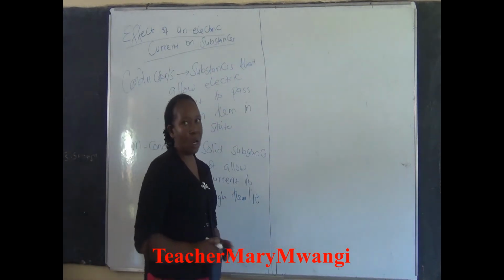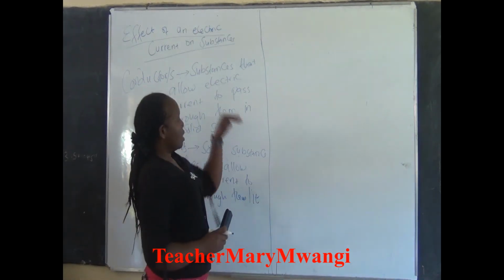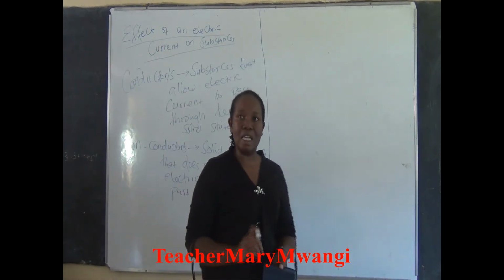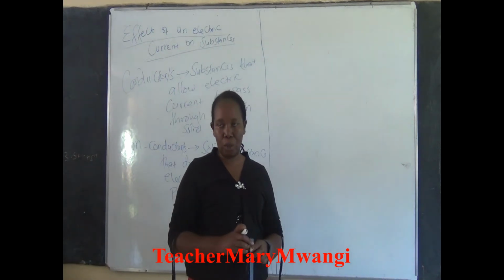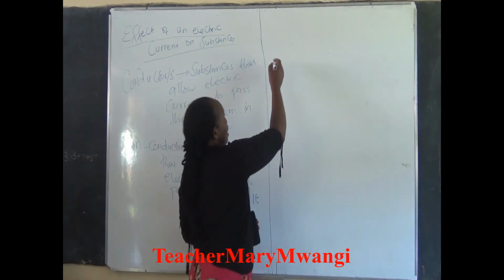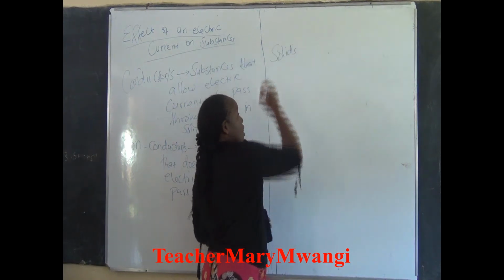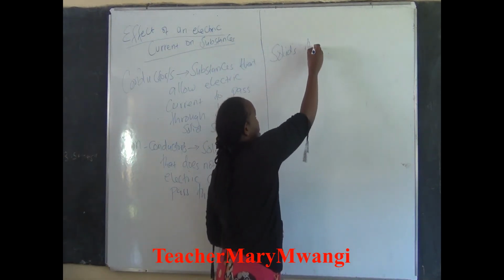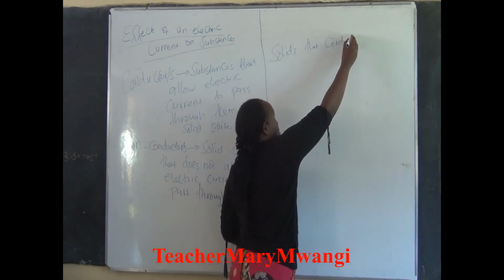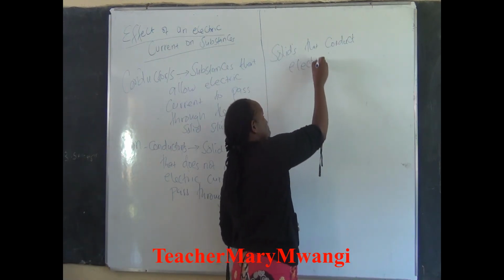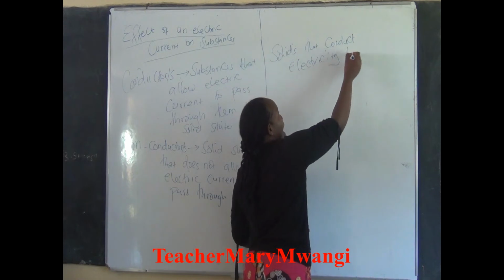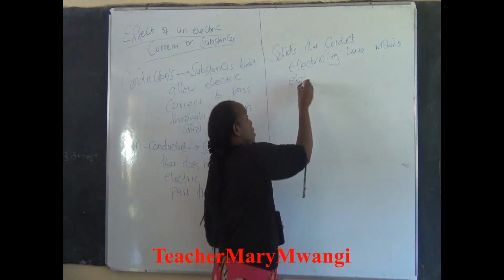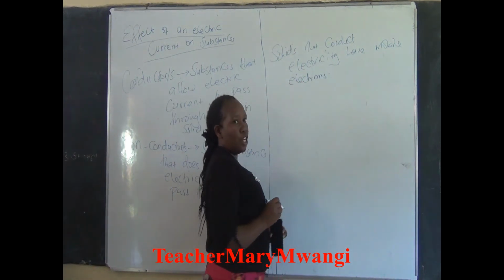Now, the other thing we ask ourselves is, if we are classifying substances as conductors and non-conductors, what is present in the conductors and absent in the non-conductors? So, solids that allow electric current to pass through them, or solids that conduct electricity, have mobile electrons. Or we can use another term.